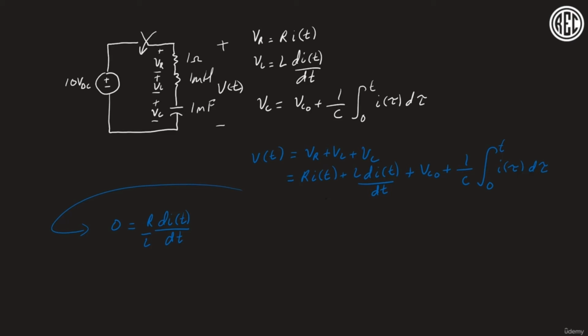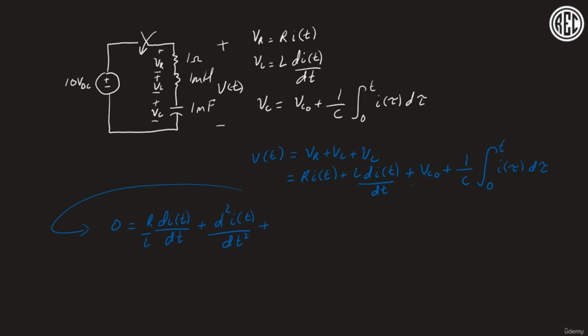And then we're going to do the same thing for this term over here. So the L is going to be divided by L, so that goes away. And then we're taking the derivative of that term, but that's already a derivative. So now it's going to be the second order derivative of i of t, so d²i over dt².